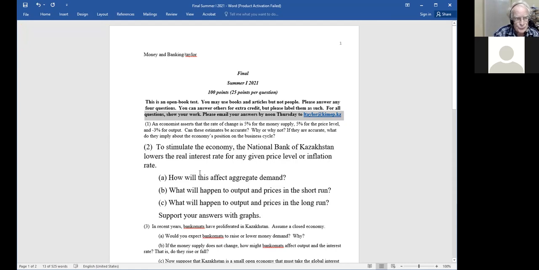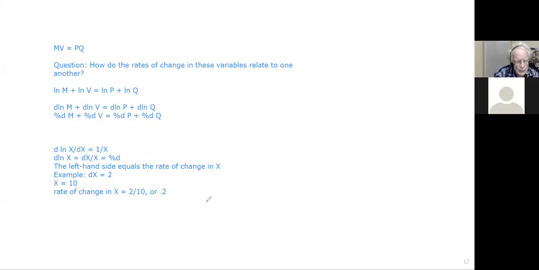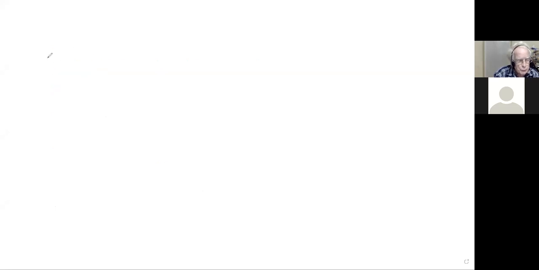And we are asked to consider how this might affect aggregate demand. There are a couple of ways that you can approach this problem.